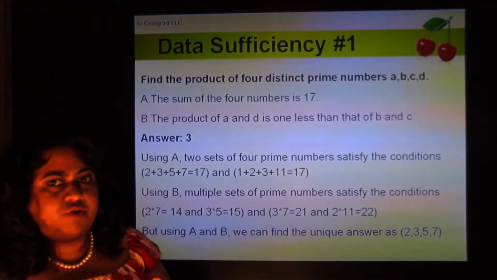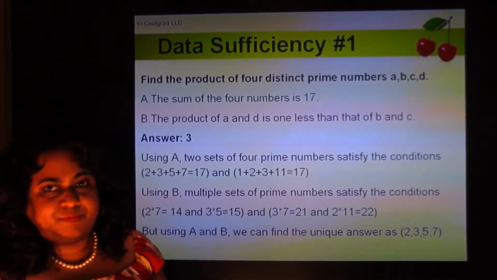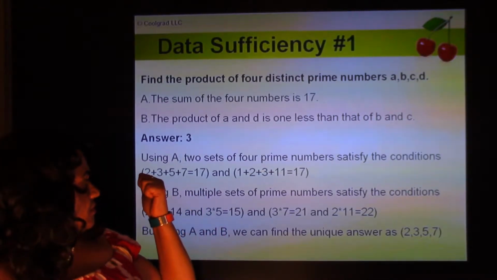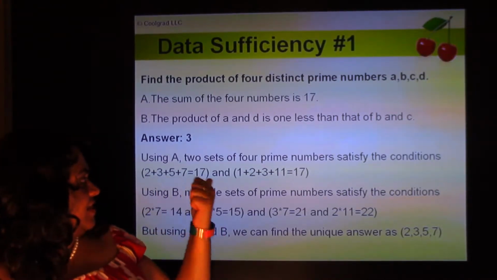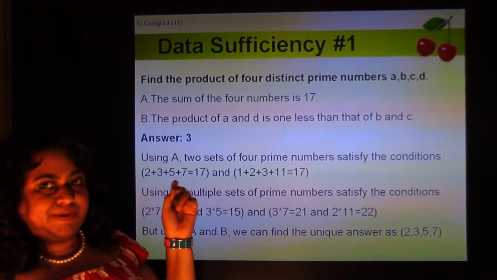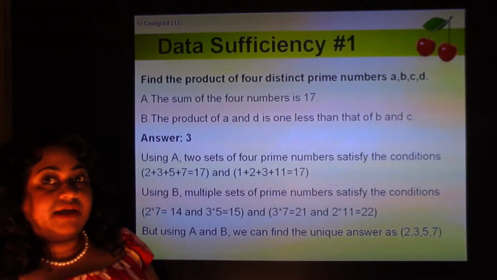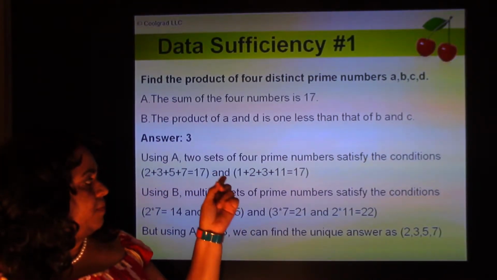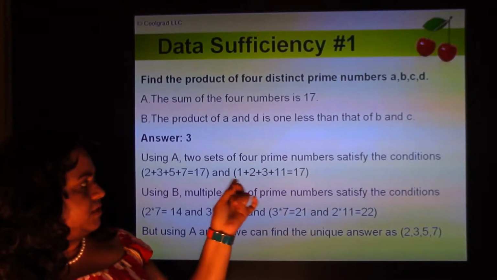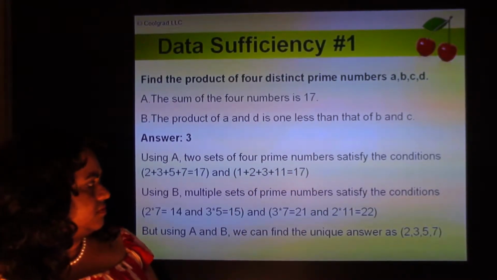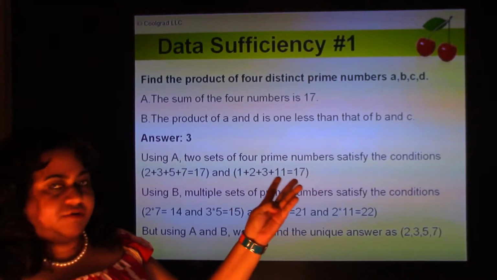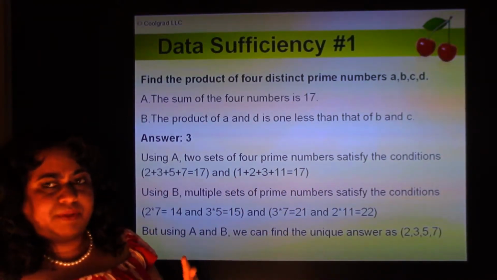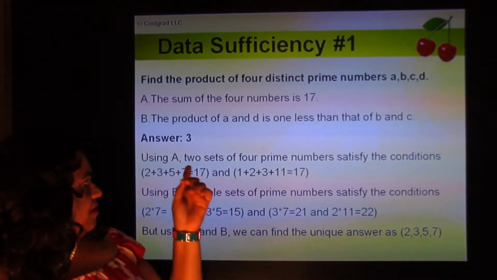Which 4 of these numbers together can add up to 17? So 2, 3, 5 and 7. 2 plus 3 plus 5 plus 7 gives 17. And there's also one more set, that is 1 plus 2 plus 3 plus 11. This also gives 17. So there are 2 sets of 4 numbers which satisfy this condition.